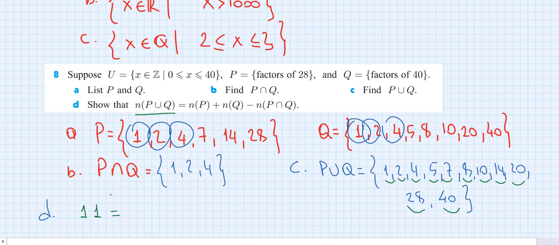And is it equal to the right side? My main question says to show that. Number of P. How many elements do I have in P? I have 6 numbers plus the number of Q, 8, minus their intersection number, 3. Are they equal? Yes. 11 equals 11. The left-hand side and the right-hand side are equal. So this one actually is also a very important property which will be used a lot in this class and in this chapter and also in probability.